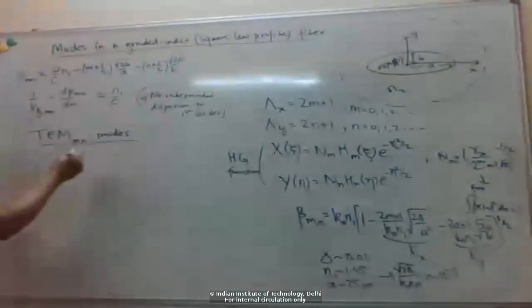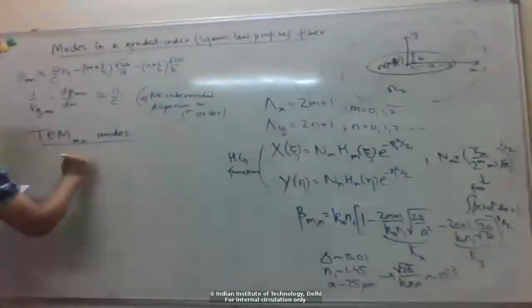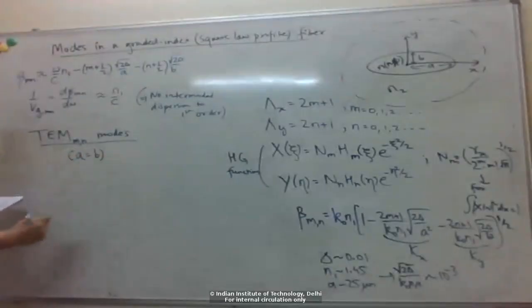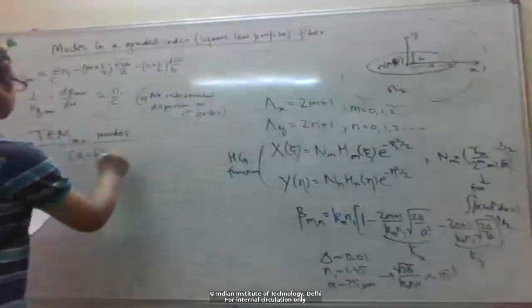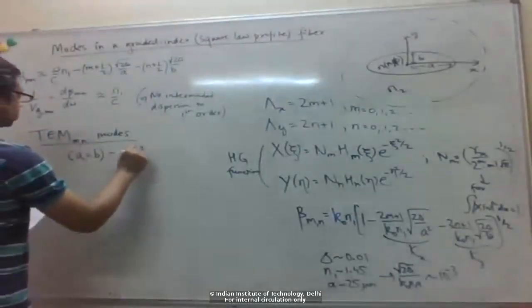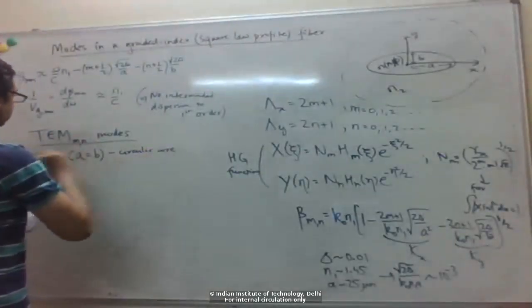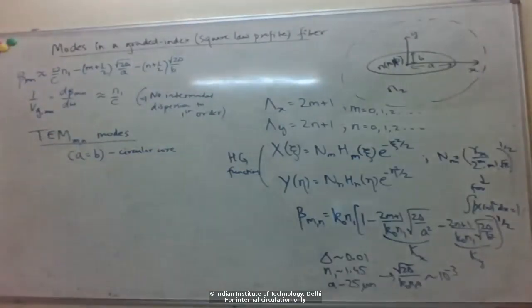So let's consider the usual case of most fibers, where I have a equal to b, so a circular core, and look at how the mode profiles look. The lowest order mode is m and n both 0.